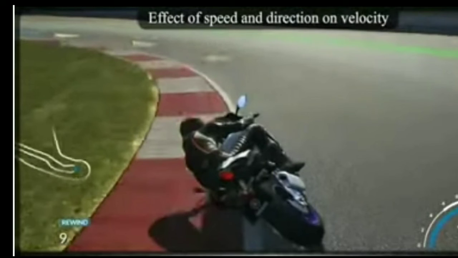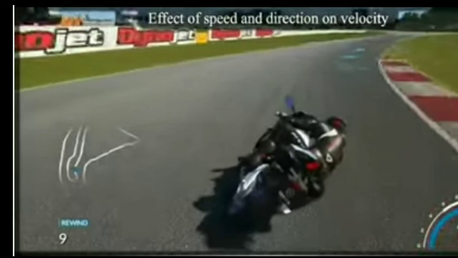If Sachin changes the direction of the motorcycle, keeping its speed constant, what will be the effect on the velocity? If on a turning, Sachin changes the direction as well as the speed of the motorcycle, what will be the effect on its velocity?